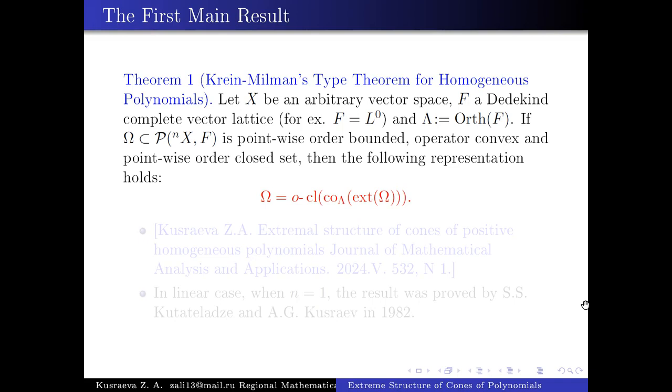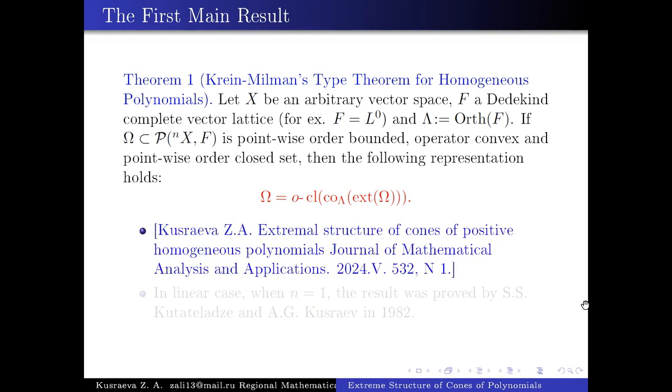This result was obtained in 2023 and is already published in the Journal of Mathematical Analysis in 2024. And I want to emphasize here that the case when n is equal to 1, in this case, the result was proved by Professor Kutateladze and Professor Kusraeva in 1982.